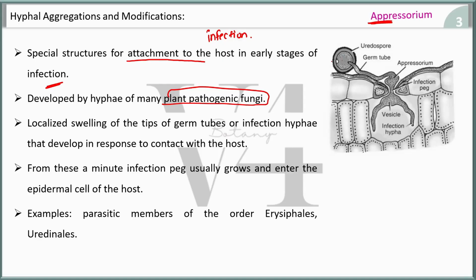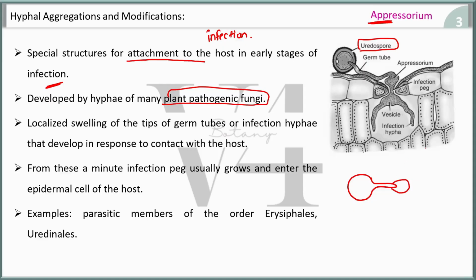From this diagram, what you can see here is the urediospore, a fungal spore, which is germinating. At the time of germination, the spore develops a germ tube. Then the tip of the germ tube gets swollen.